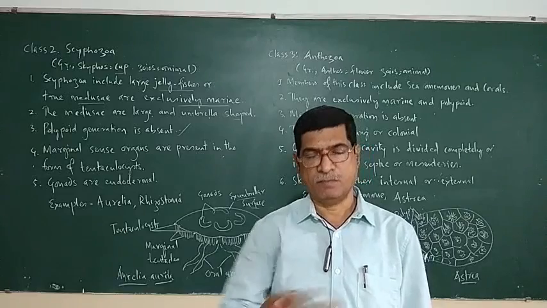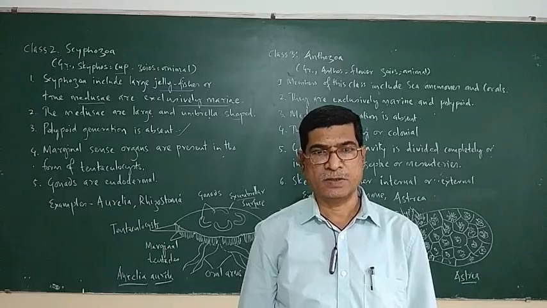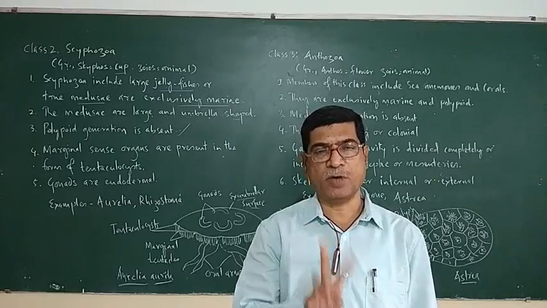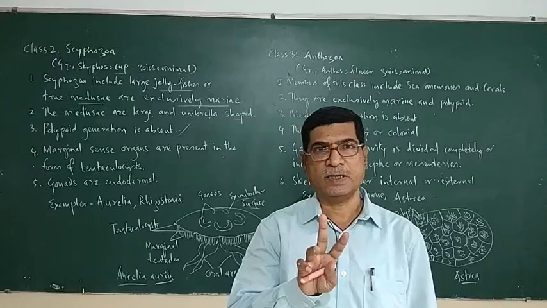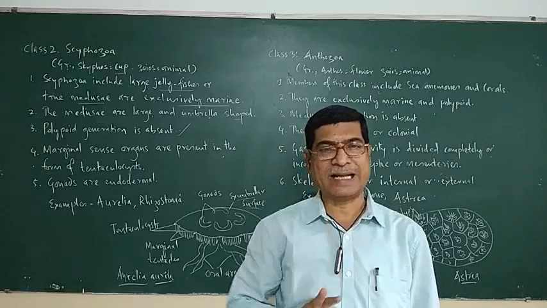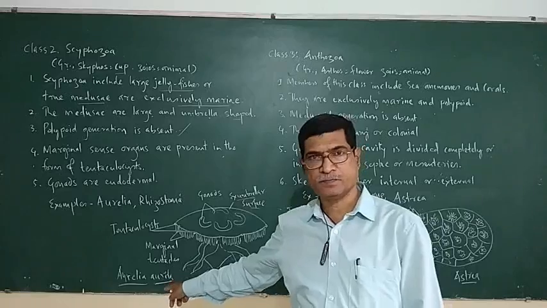So they have many forms of individuals in their life cycle, at least 2 forms, medusoid and polypoid. Polypoid is stagnant, sessile, attached, plant-like. Medusa is umbrella shaped, floating.